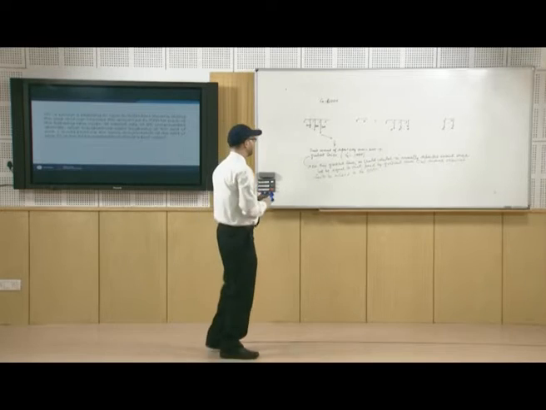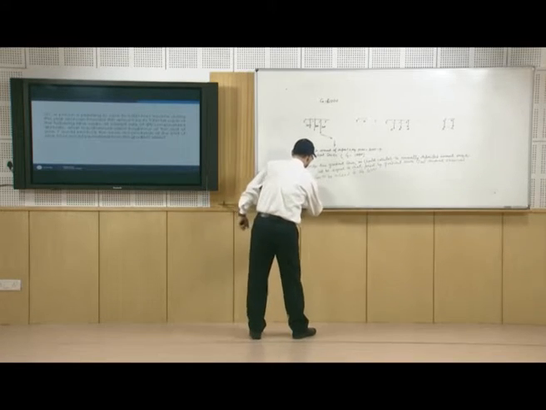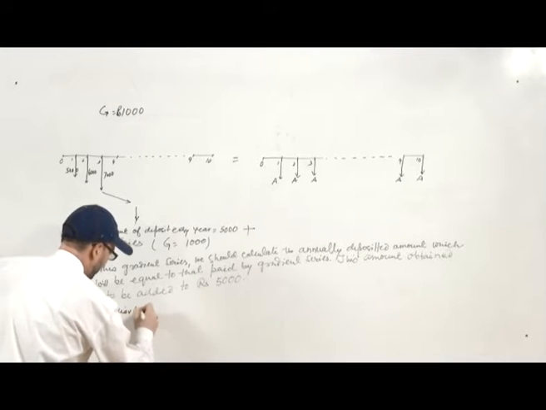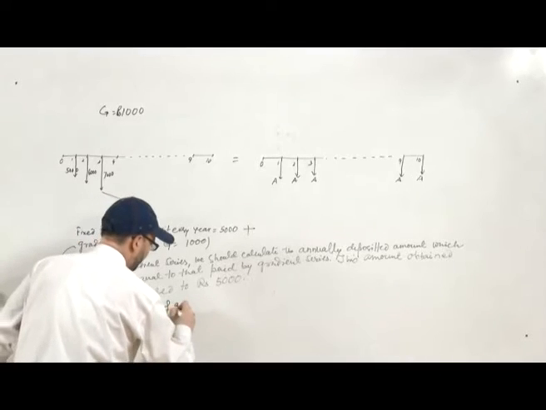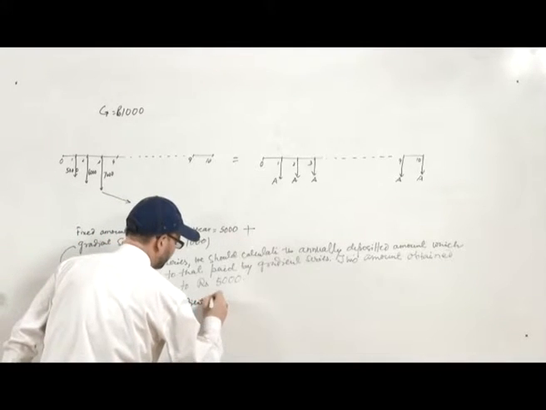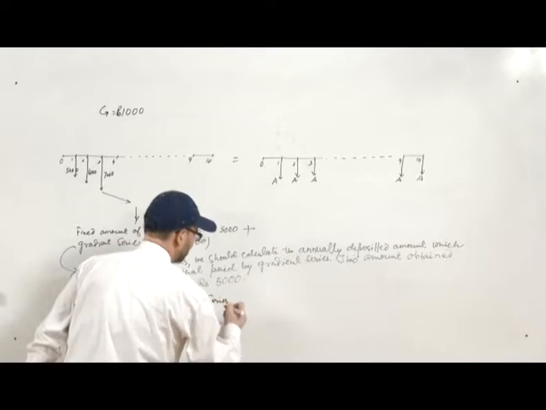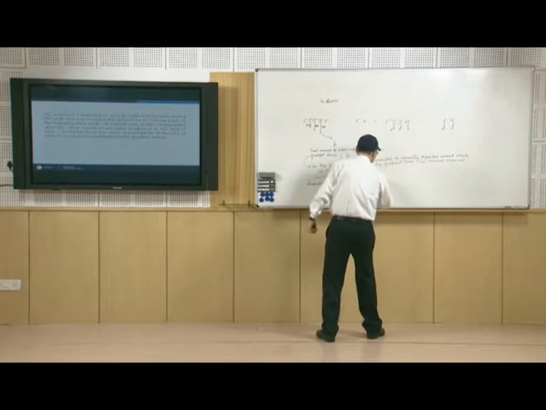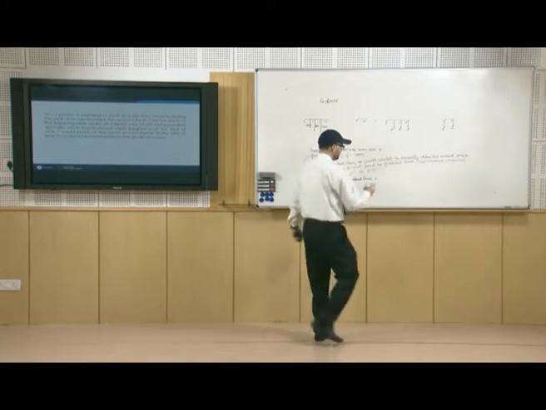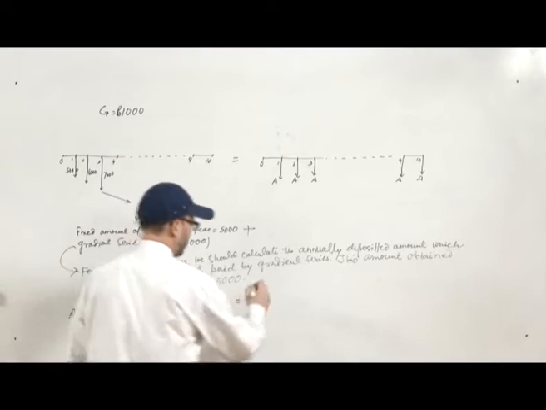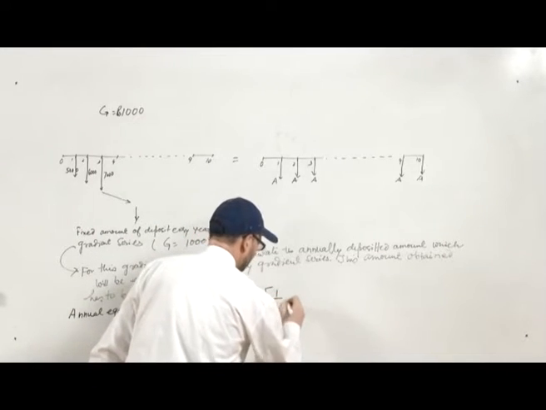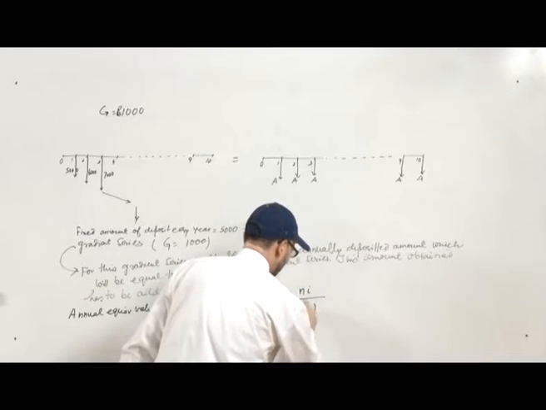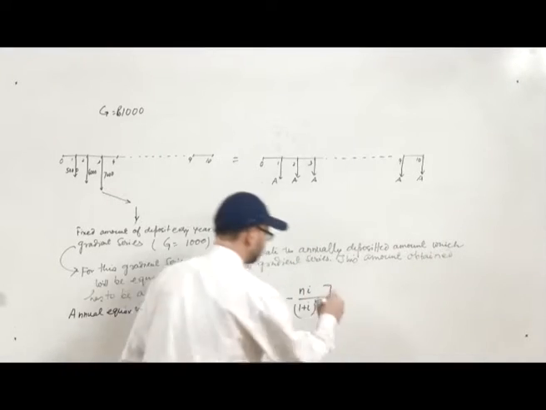The annual equivalent value for this gradient series, we have the formula, and from this we can calculate this annual equivalent value, and that will be nothing but G times (1/i minus n/i times 1/((1+i)^n minus 1)).